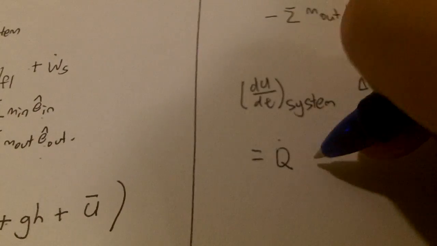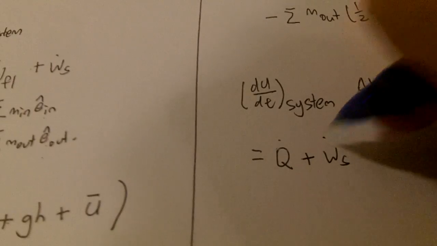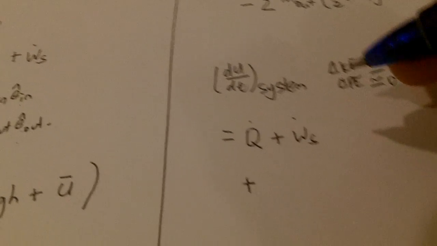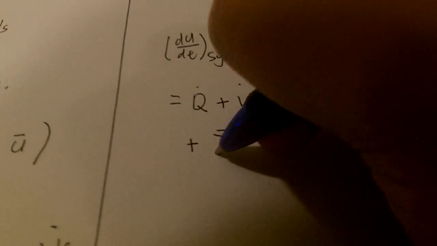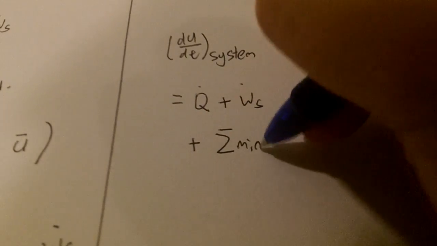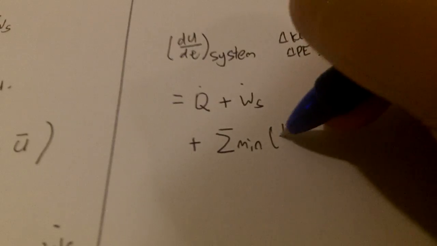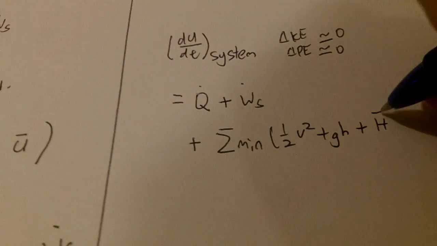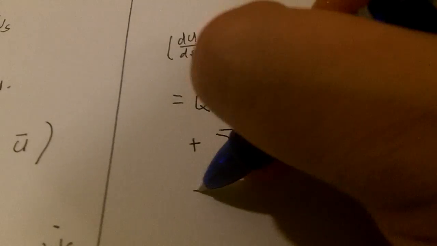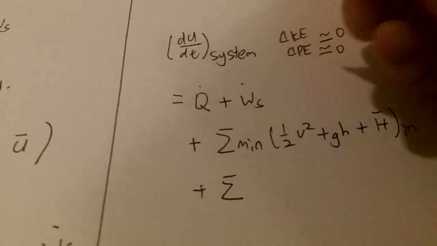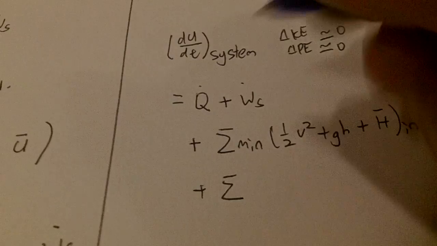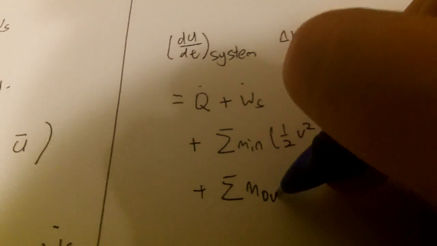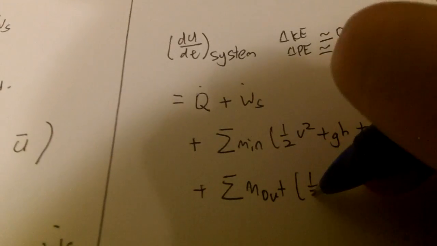You have the heat into the system, the shaft work into the system, plus other kinds of work, but we won't mention them here, plus this energy due to the streams coming in, plus the energy going out.